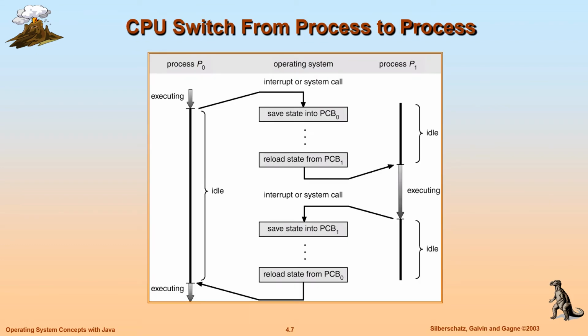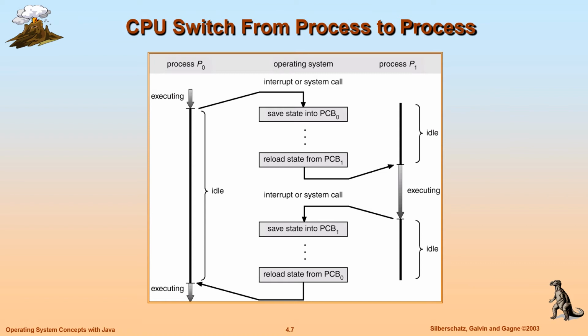Let us discuss this CPU switch from process to process. It is also called context switching. Now in this diagram there are two processes available, process P0 and P1. These two processes are to be handled by the operating system. In the previous slide we already discussed the process control block.